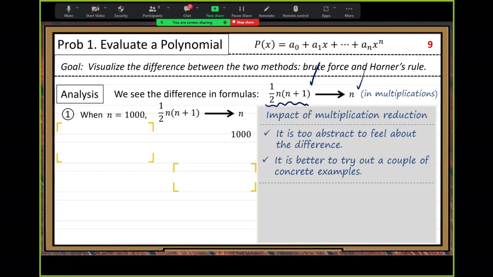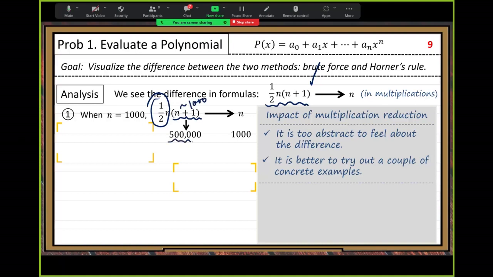With Horner's rule, this time we need 1,000 multiplications. For the brute force method, based on the formula here, I use approximation. When we plug in 1,000, one half of n gives 500, and then the parenthesis term 1,001 I just take as approximately 1,000.